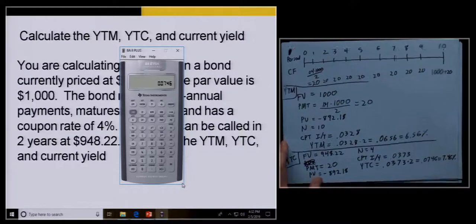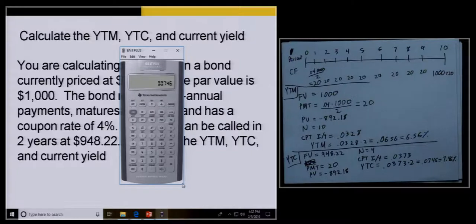Just move that over so you can see it. Okay, so that's that. So notice here that our yield to call is higher than our yield to maturity. Sometimes that happens.